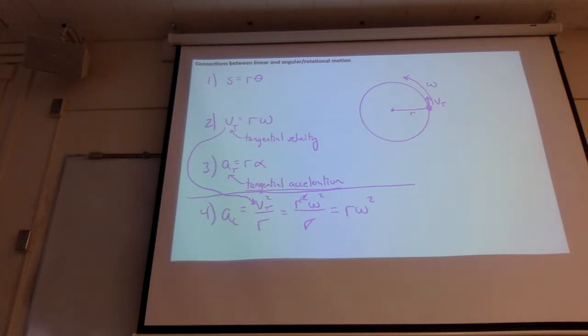And remember that the centripetal acceleration is the thing that makes it turn. It's perpendicular to the velocity, and it's the thing that makes it turn in a circle at all. So let's see. This one makes it speed up or slow down.